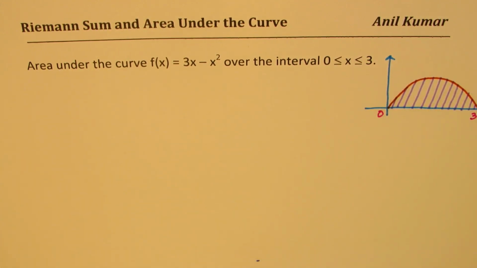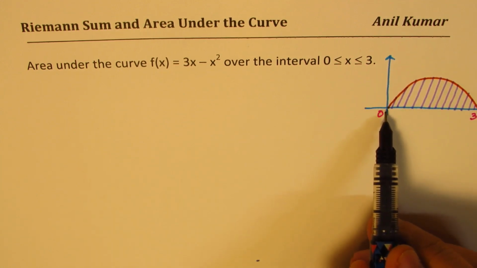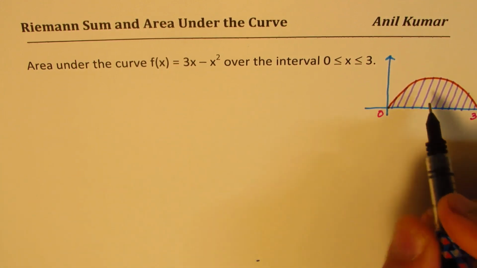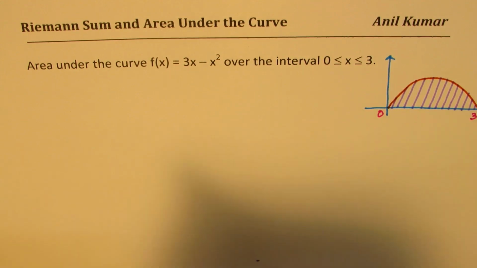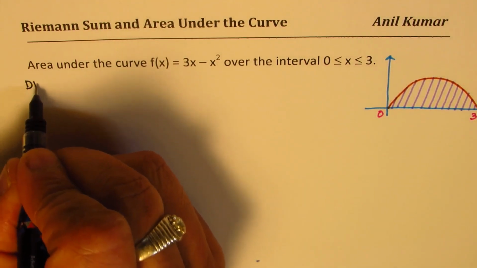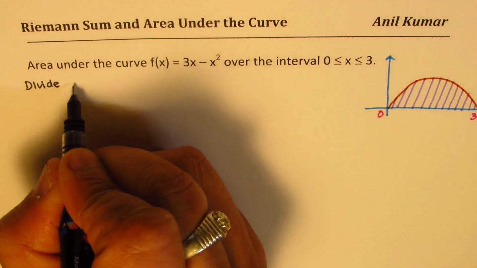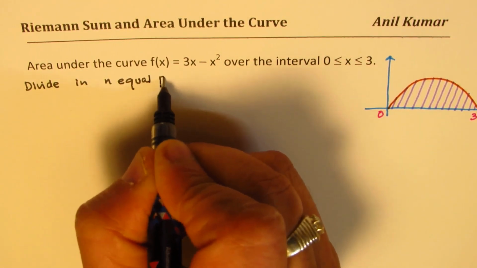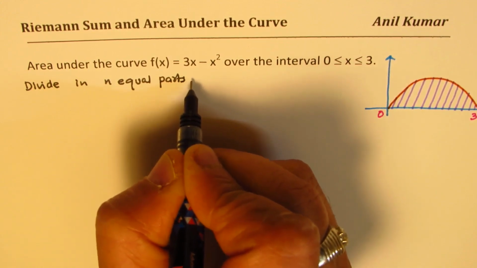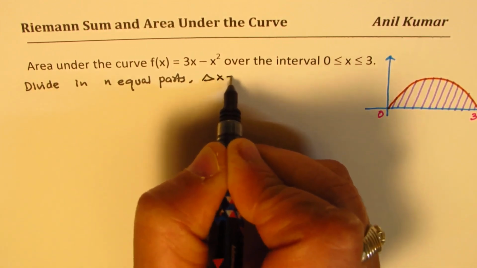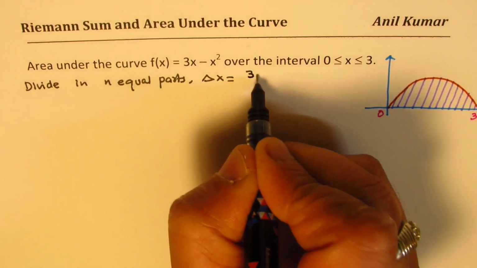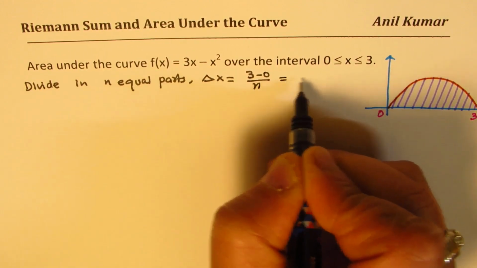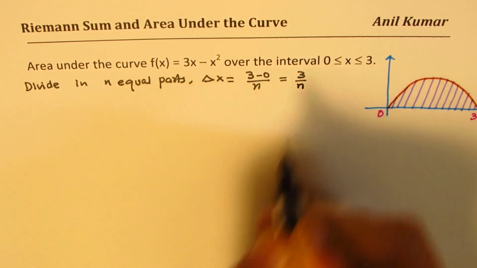To find the area, we'll first divide this interval into n equal parts, right? To get the width delta x as 3 minus 0 over n, which is 3 over n.